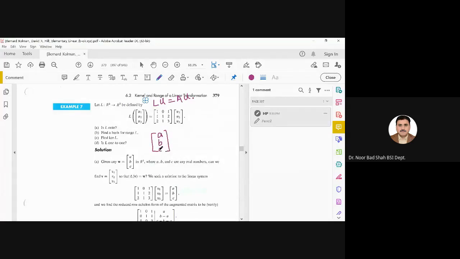Okay. And we assume that L of V is equal to A, B, C. So L of V is what? It is defined in this way.